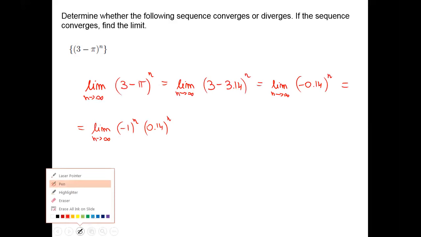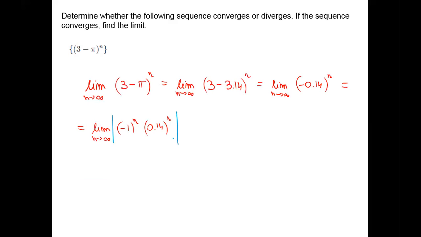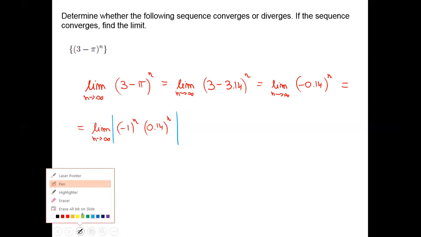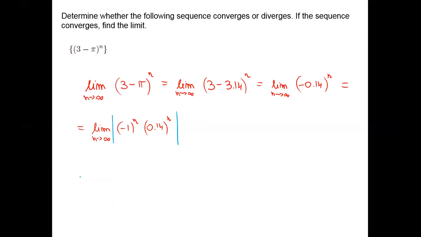However, we may apply the theorem that's taking absolute value. Okay, taking absolute value, we actually get a limit of only 0.14 to the power of n. Since -1 to the n becomes 1, that means this limit is 0.